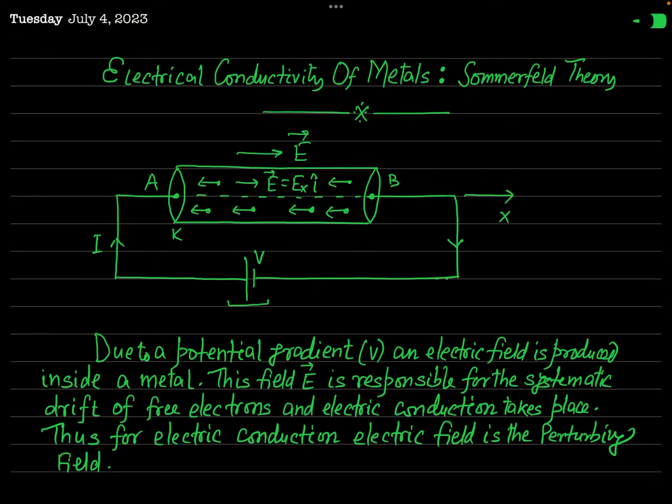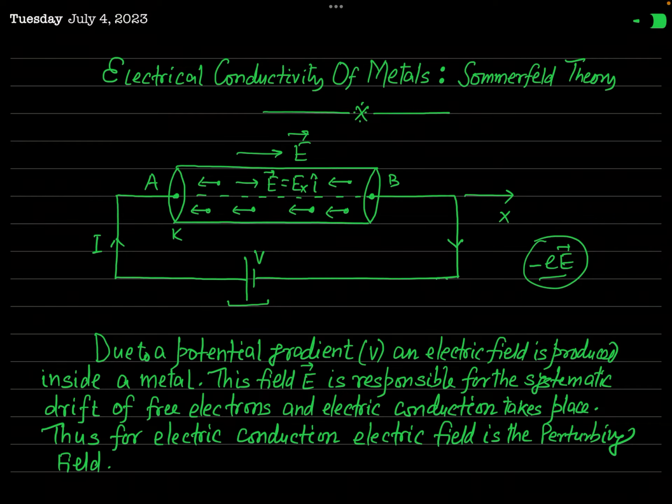You know all these mechanisms. This electric field will exert an electric force equal to minus e times E on each free electron, which was in random motion before the application of this field. But after the application of this field, the electron moves under the electric force exerted by the field, and the motion is a systematic motion against the electric field because the electron has negative charge, and so electric conduction takes place.